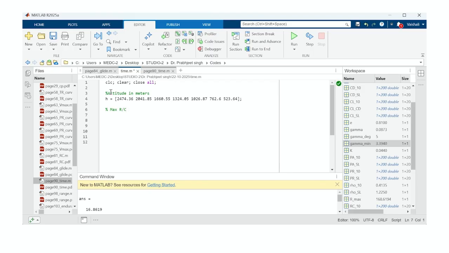So I'll write here RC equals, again I'll form a vector over here. What is the maximum rate of climb at these altitudes? All right. So this, let me write here, is actually the rate of climb.